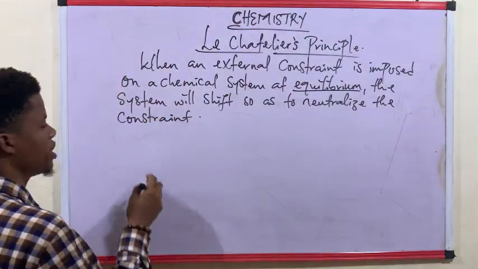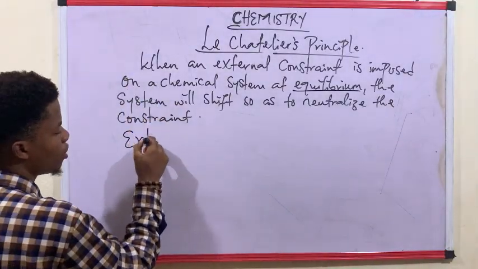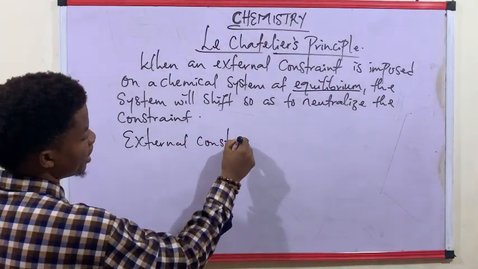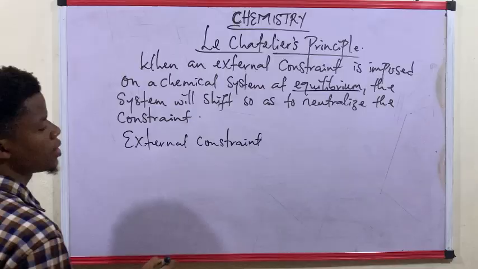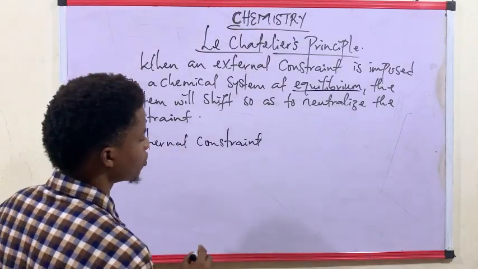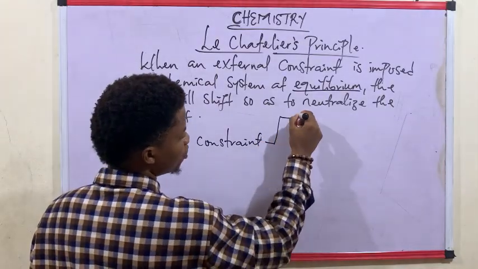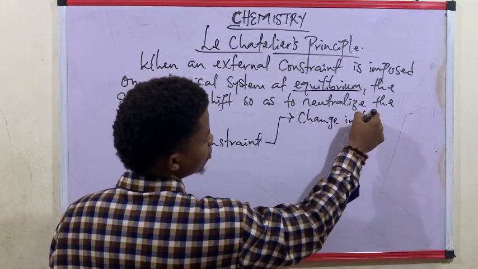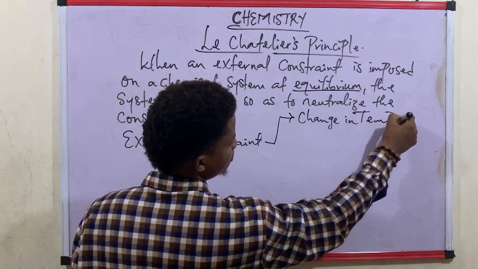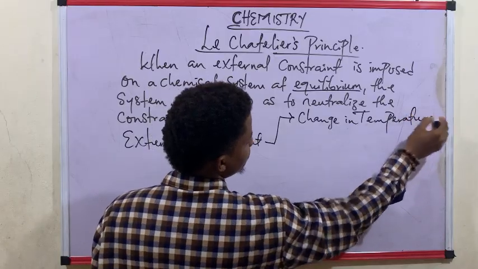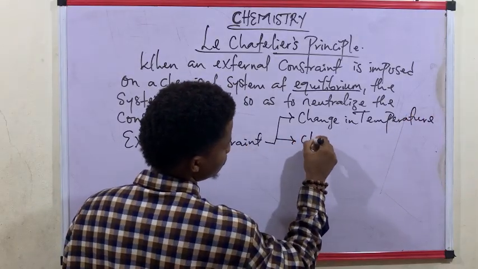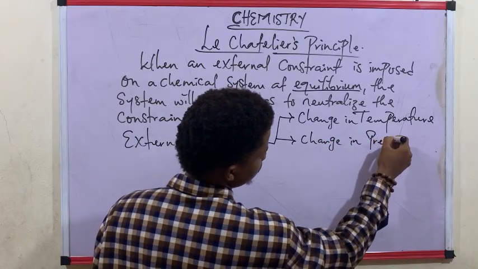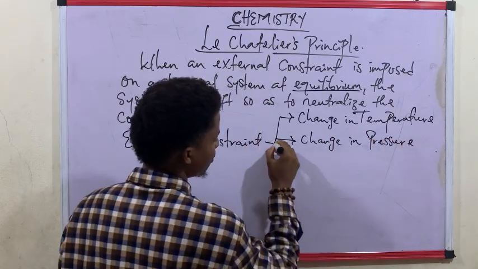Now, the key word here is the external constraints, or you say external factor. The external constraint or external factor can be divided into three groups. We have change in temperature, change in pressure, and then we have what?